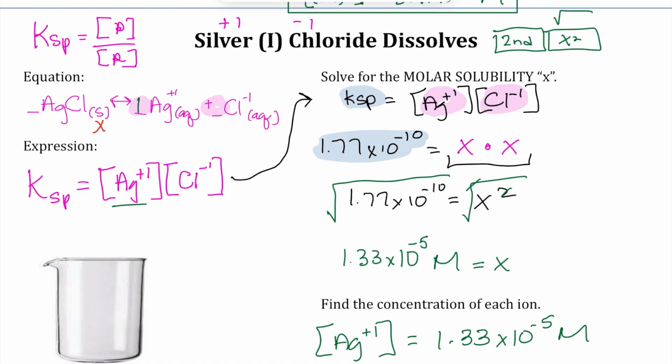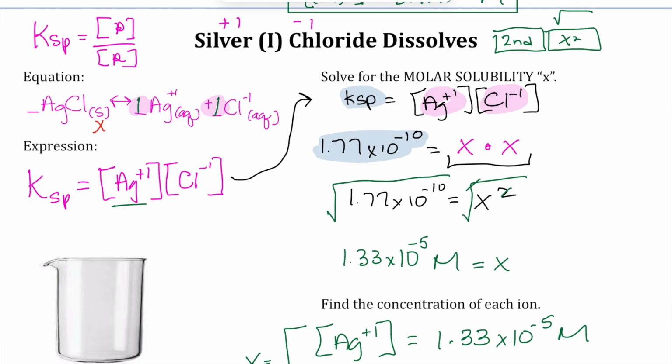These are concentrations, so we need that molarity unit on there. And then our chlorine -1, we just have 1 chlorine, and so that's going to have that same 1.33 times 10 to the -5th molar as the concentration of each ion. So these were both balanced with a 1, and so these are both going to just equal that x value.